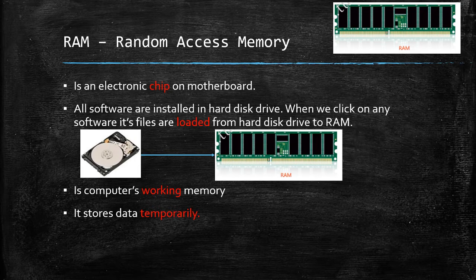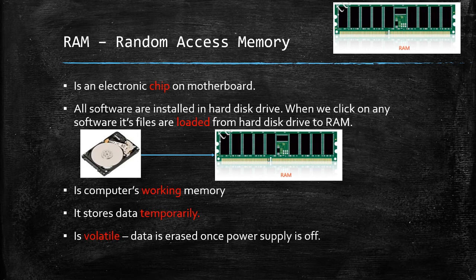Once the program stops executing, it will be removed from the RAM. So RAM is volatile. What does it mean? Data in RAM is erased once power is switched off. Once the power is off, data in the RAM will be lost. So that is all about random access memory.